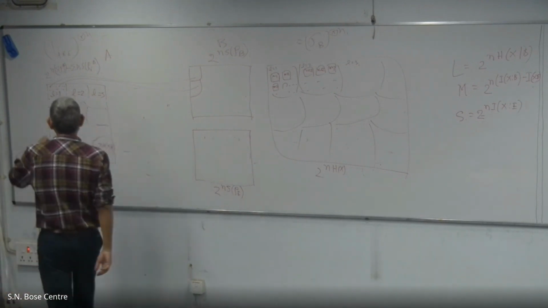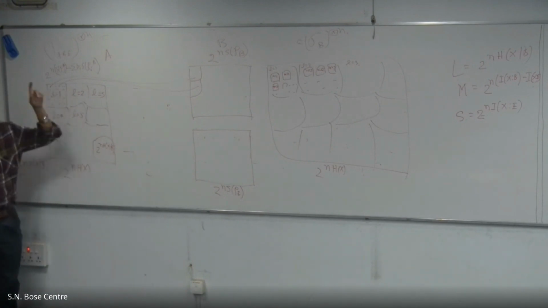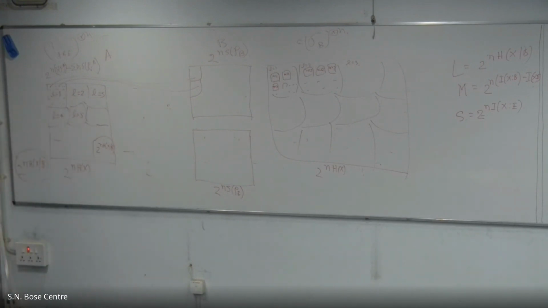Now, if Alice sends information about L, then Bob can distinguish which sequence of states Alice has collapsed to, or what is Alice's classical message.